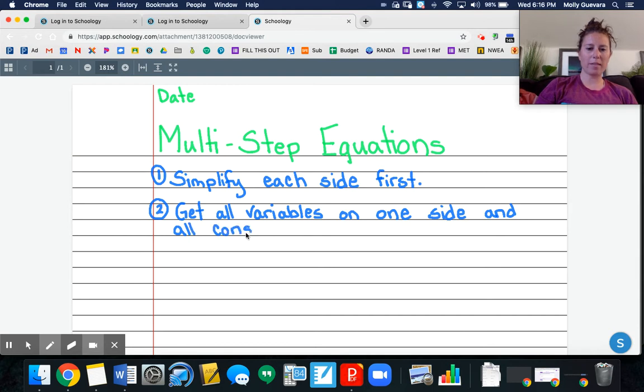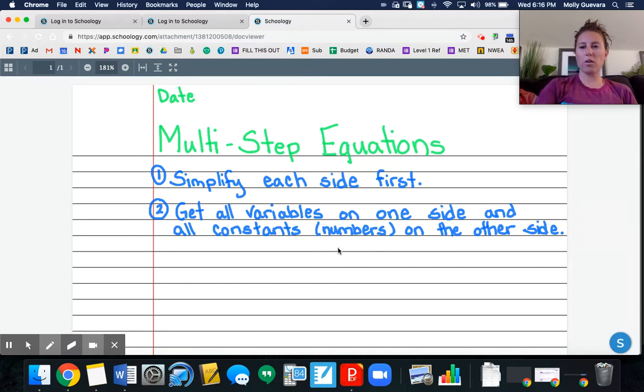Remember from last video that constants are just numbers, right? So I'll put that in parentheses. So anything that doesn't have a variable is a constant. So all your constants on the other side. So really it's a very, very simplified version, but there's really only two steps here.